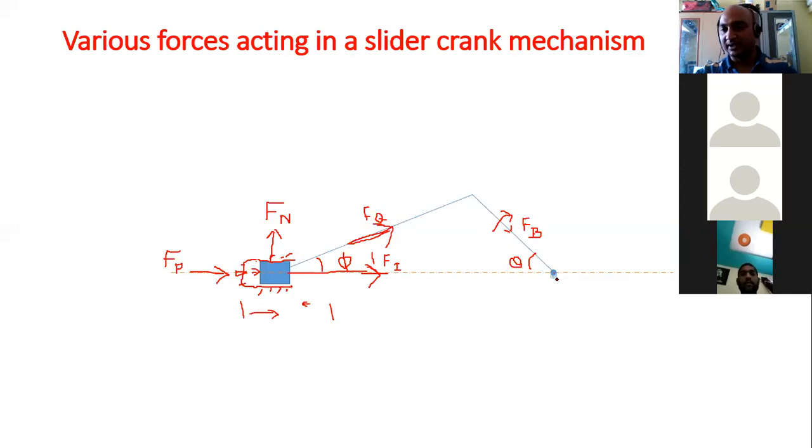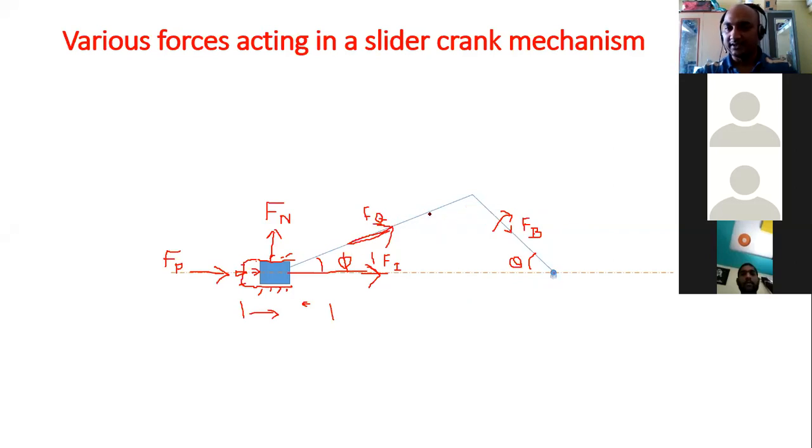When you are designing the bearing, we have to take care of the weight of the crank and this force as well. That is the importance of dynamic analysis in a single slider crank mechanism. We have to find out these forces in designing these particular links. Now one part is going along Fb, so what is the remaining part of this Fq?